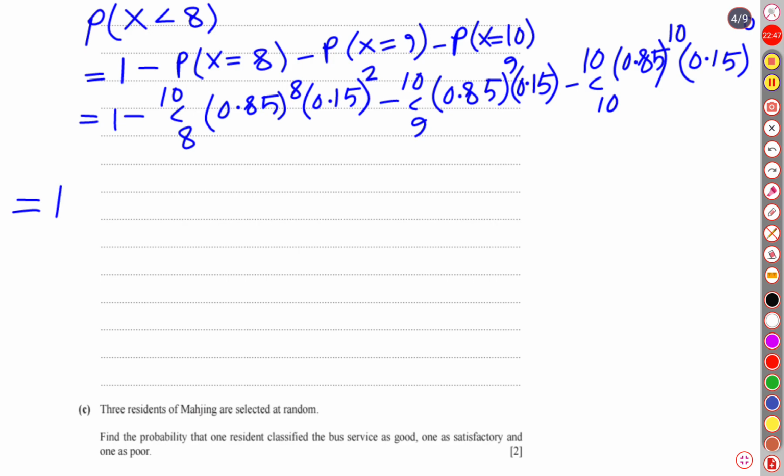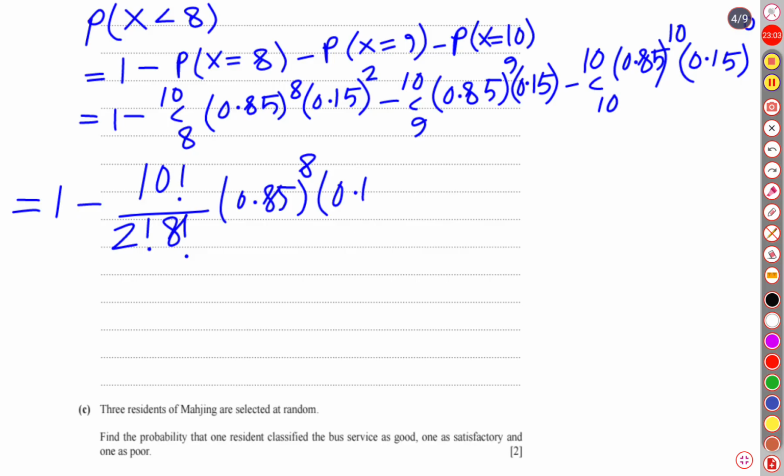So it is going to be 1 minus 10 choose 8. How to write this? 10 factorial over 2 factorial and 8 factorial, 0.85 raised to 8, as well as 0.15 two times, minus 10 factorial.